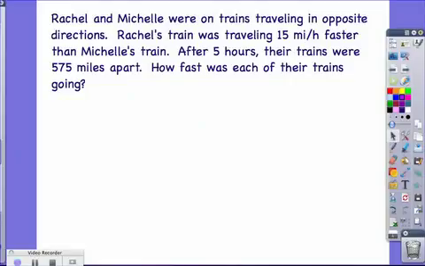Distance equals rate times time. So Michelle's train travels 5 hours times her rate, or a distance of 5r. Rachel's train travels r plus 15 times the time, 5.